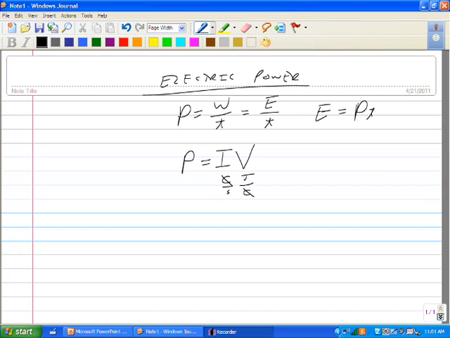In other words, if I have a 60 watt bulb, it's going to give off energy at a rate of 60 watts so long as it's plugged in to a 120 volt alternating current circuit. If I change the current or the voltage, then I will get a different power other than what it actually says it is.